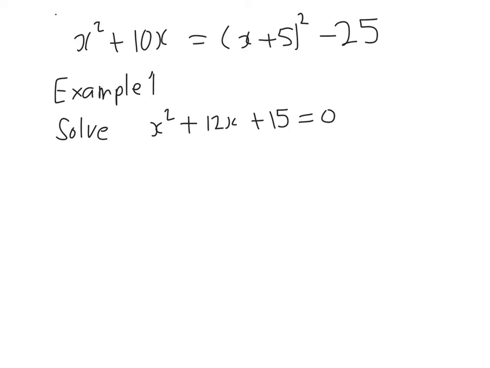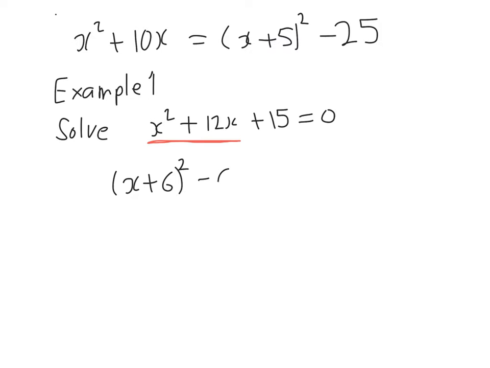So completing the square is dealing with these two terms here first of all, and rewriting them. We could rewrite them as x plus, and then half of this one, which is 6. And then we know that that's going to give x squared plus 6x plus 6x, which is the 12x, but it'll also give us plus a 6 squared.